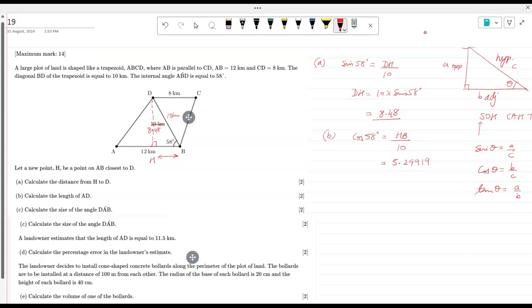So what will AH be? This is what we got. What will AH be? 12 minus 5.29919. You're following that? This whole length minus this much.